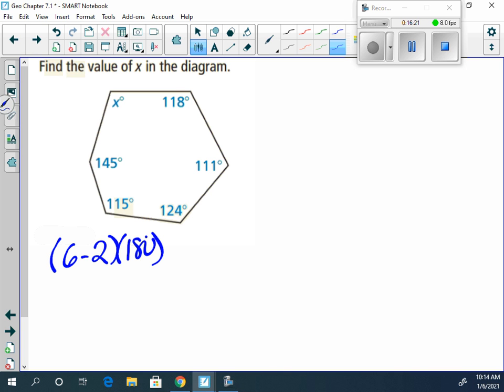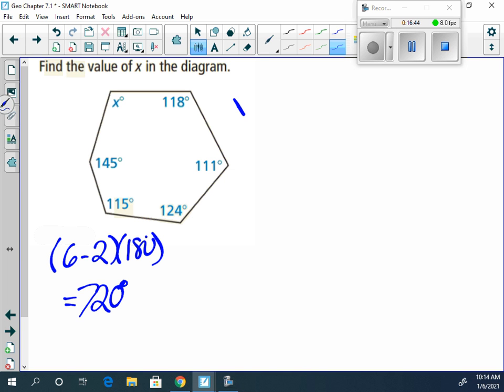At this point you can plug this into a calculator. You don't have to do this by hand, which I think is 720. So what that's telling me is that all of these angles added together will be 720 degrees.